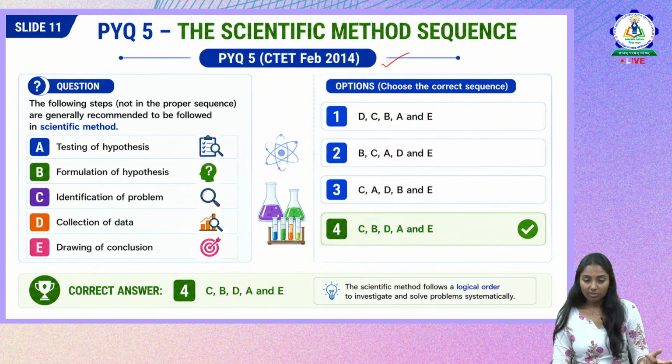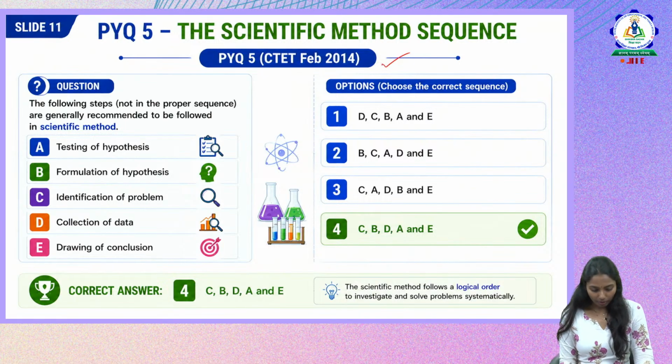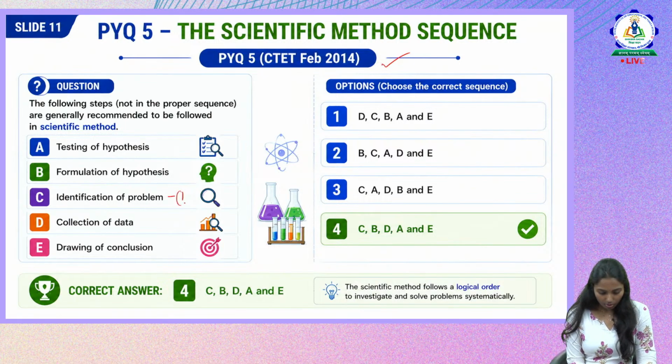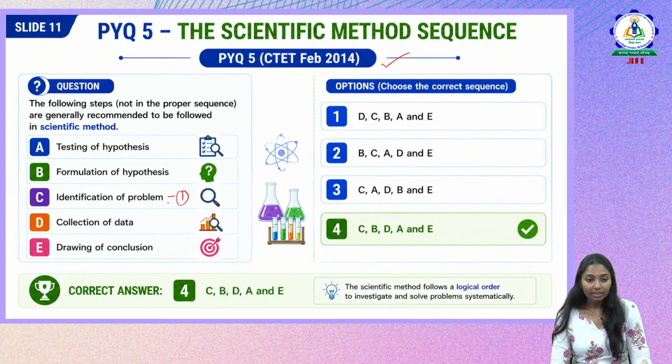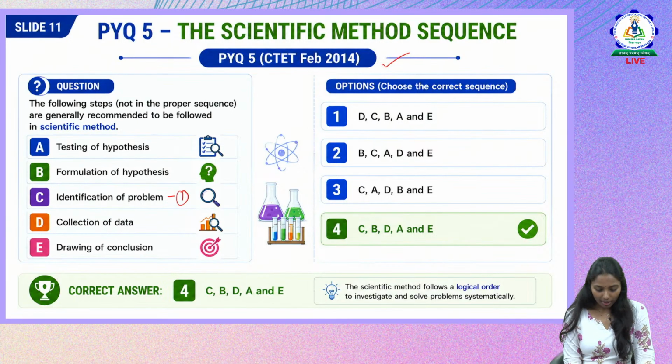Okay. So as we discussed in problem solving also, any scientific method follows a certain sequence. Even in case of problem solving or scientific method, we discussed that we have to first identify the problem. So this comes as your first one, right? Then after identifying the problem, we have to formulate the hypothesis, right?